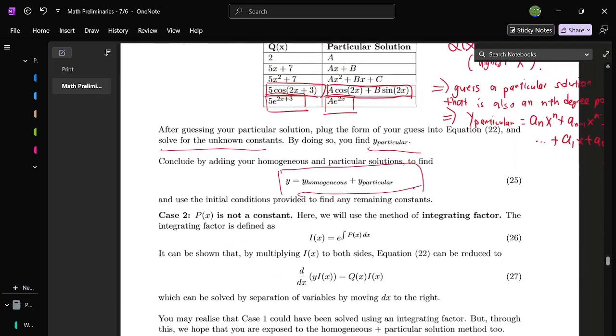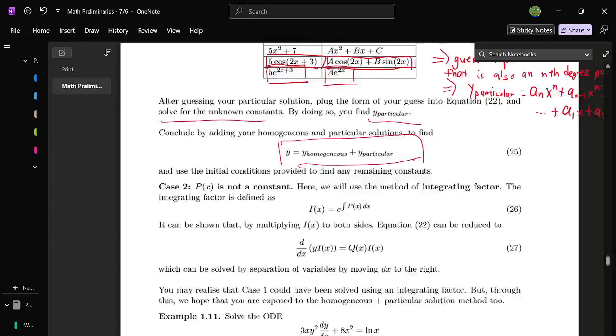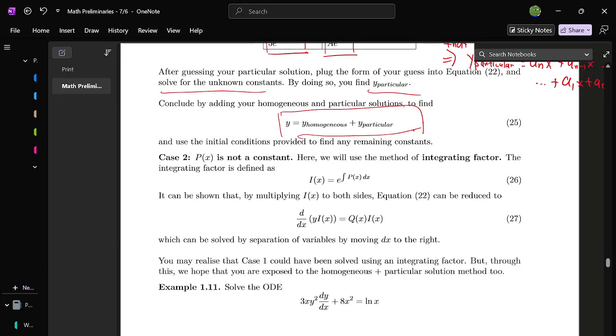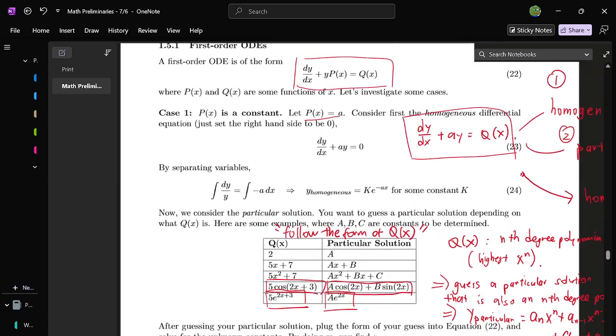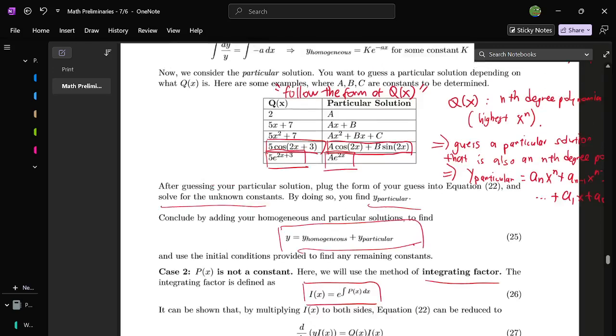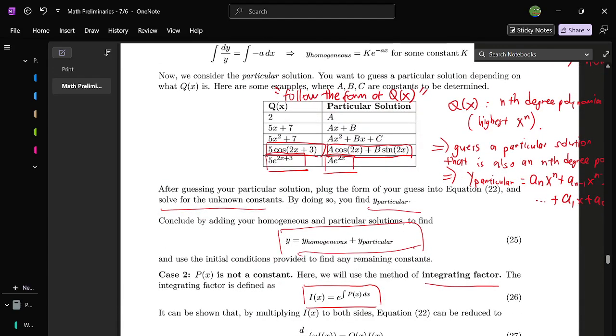Now in another case, if your px is not a constant, so if it's actually some function of x, then what we have to do here is use an integrating factor. So this integrating factor is always defined as such. So once you see this, you should always find your integrating factor first.